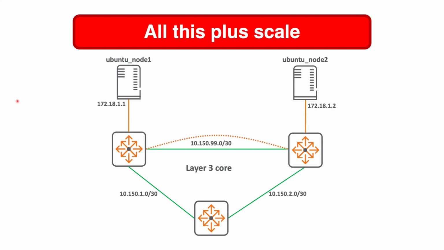And another issue that's mentioned in the RFC that VXLAN addresses is scale. Now, if we think about a traditional layer 2 segment, we divide up the traffic using VLANs, don't we? So 802.1q, we have 12 bits for the VLAN ID. That gives us a total of 4,094 possible VLANs.